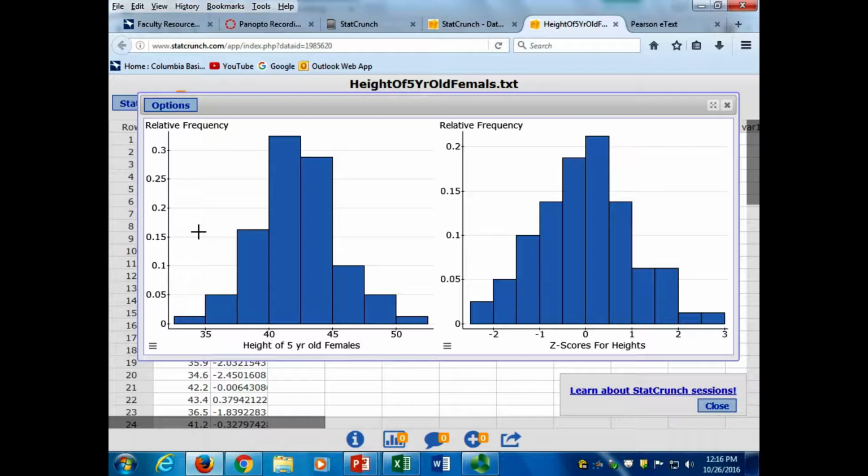Yeah, it's right around 42, 43. Well, what's the actual mean of this data set? We calculated it, right? Yeah, 42.2, that's right about here, which is pretty much exactly the middle of this distribution. But what are z-scores centered around?